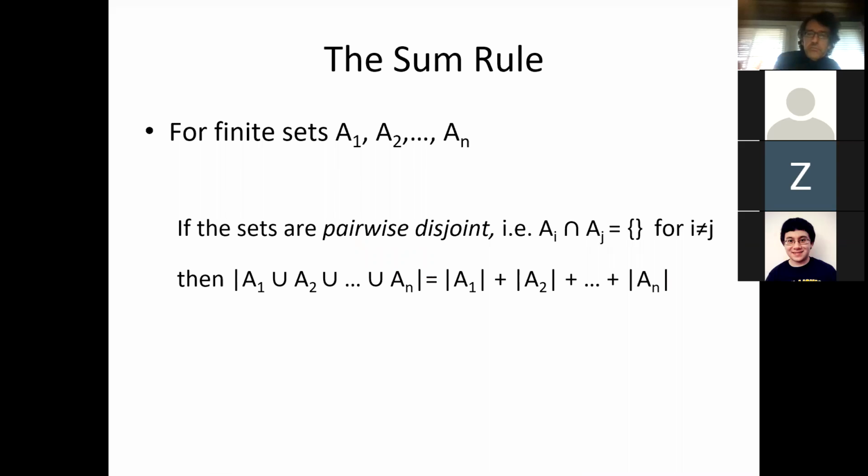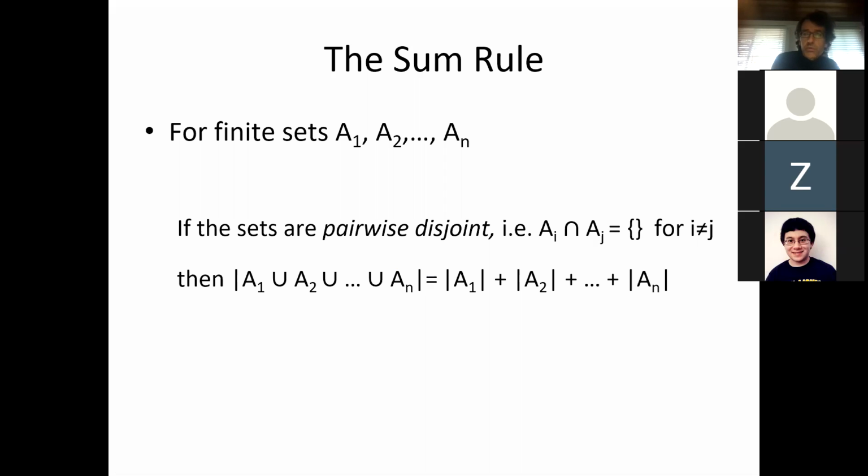Okay, so now that was the product rule. The sum rule is a very different thing. Let's say you have a bunch of finite sets, and the objects that you now want to count are not sequences whose first element is in the first set, second in the second, etc. They're rather objects in the union of these sets.